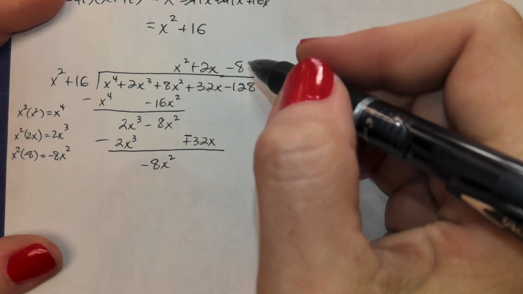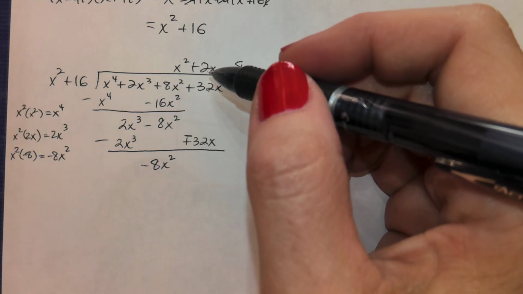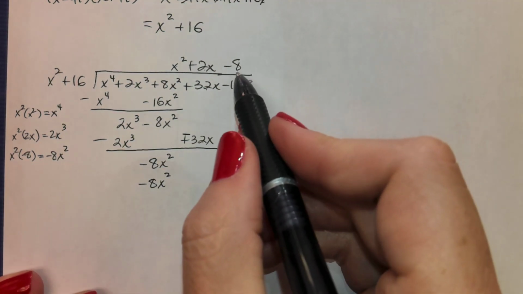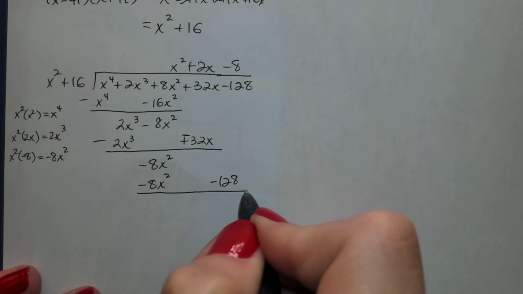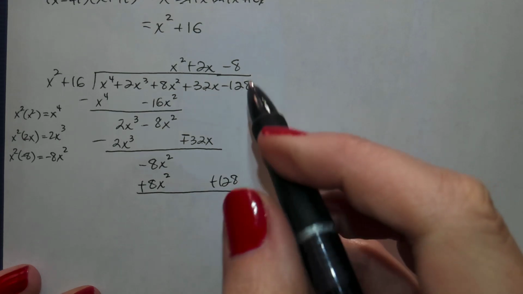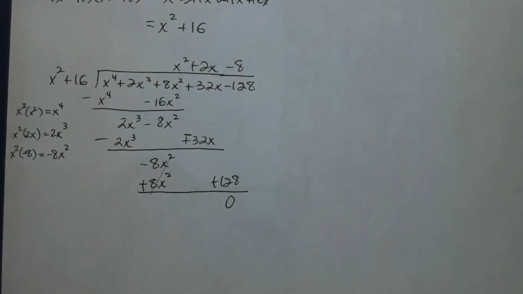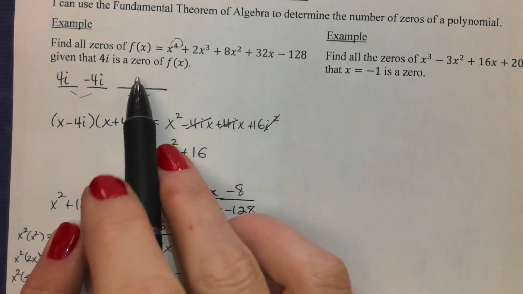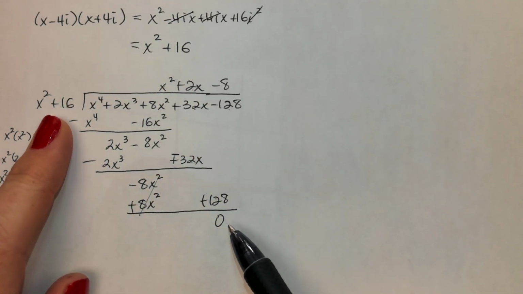I've got negative 8 times x squared, that's negative 8x squared, and negative 8 times 16 is negative 128. Draw a line, switch the signs, that goes away, and this goes to 0, which should happen because x squared plus 16 are factors from zeros of my function. So when I divide them, I should get 0 for a remainder.